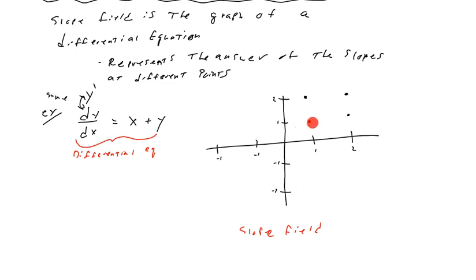This dot is 1 on the x and 1 on the y, so it's the point 1, 1. I'm going to do the same on this side over here. We want a few of these. 16 points, isn't it?